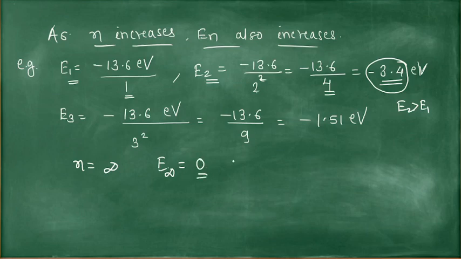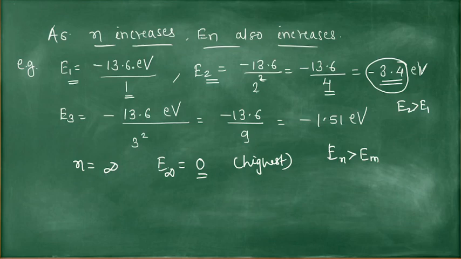This is the highest energy. When the electron goes into an outer orbit, its energy increases. So outer orbit energy is greater than inner orbit energy. If you take the outer orbit as n and the inner orbit as m, then En is greater than Em.